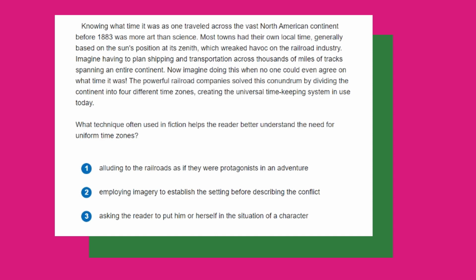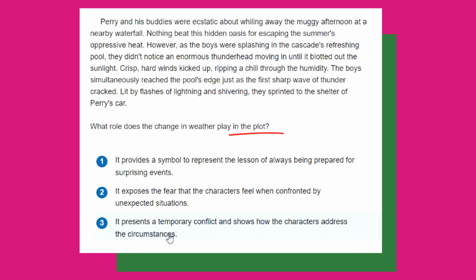If you don't understand what those literary devices are, then you're not going to be able to choose the right answer. So make sure that your child knows the story elements, make sure they know literary devices, and make sure they know the types of common questions that appear on the test so that they can understand the vocabulary that's going to be used.